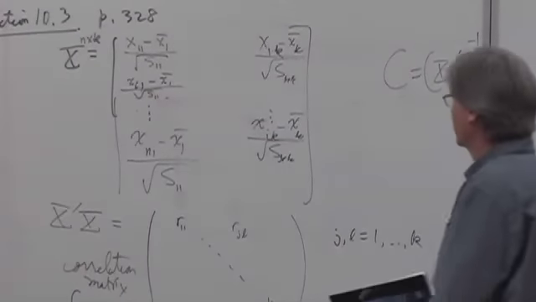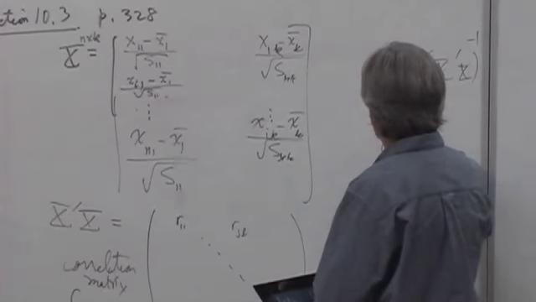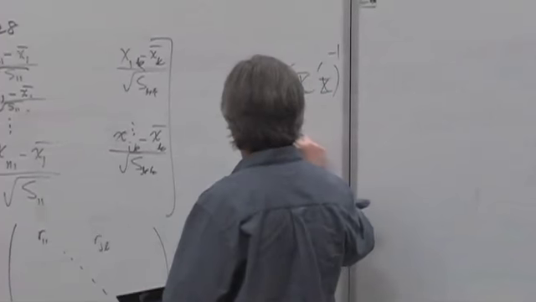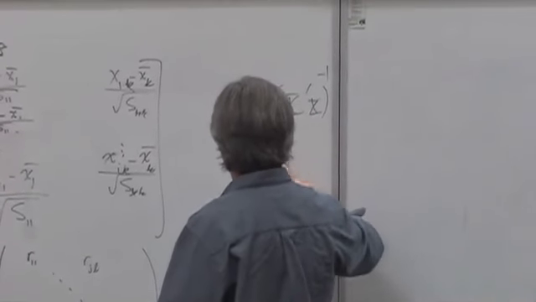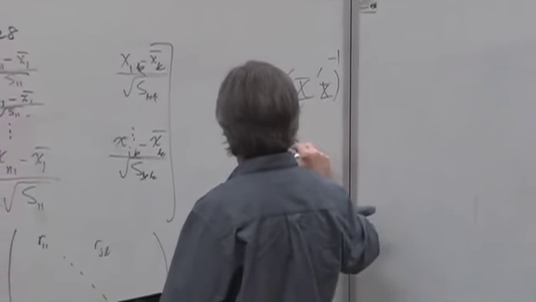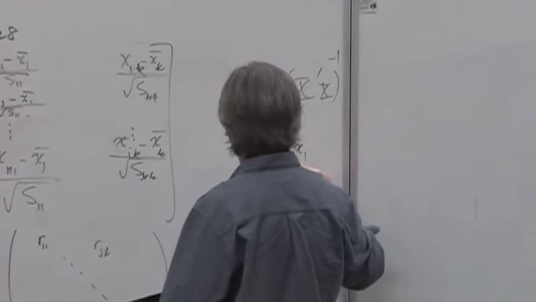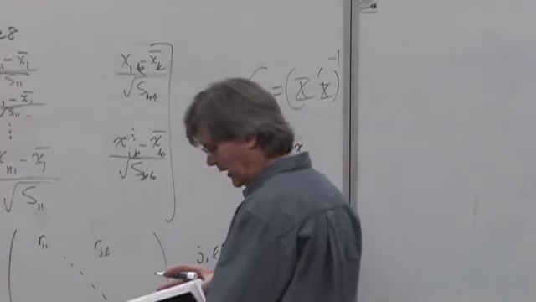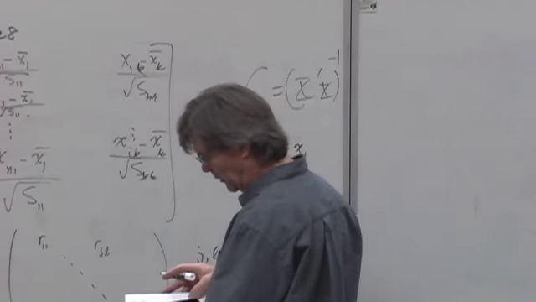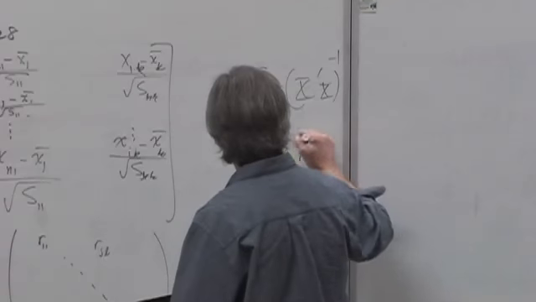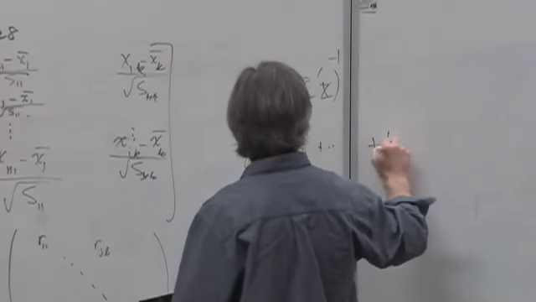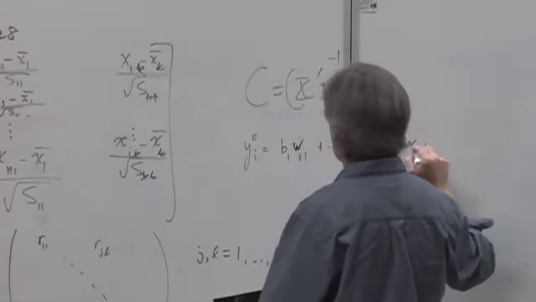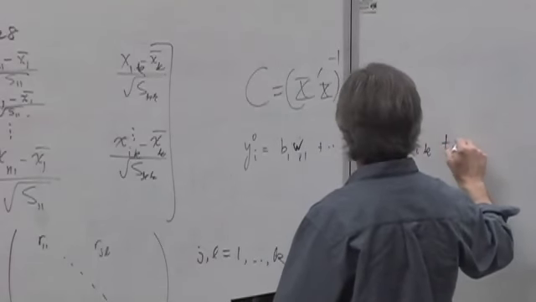So the regression model is y0i equals b1 times, what we called this, I forgot what we called those variables, x after the unit length scaling. Oh, we call them W's, I believe. wi1 plus and so on plus bk wik. All right, plus errors.